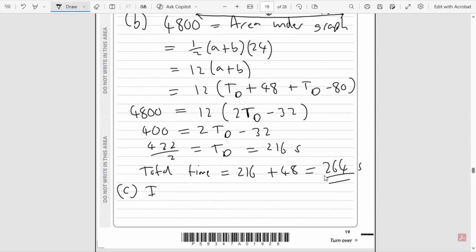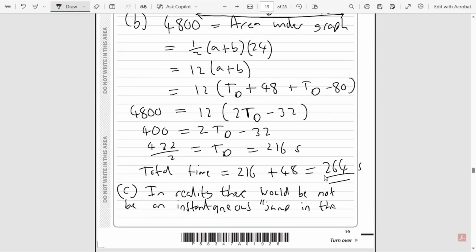So I'm going to say here, in reality, there would not be an instantaneous jump in the accelerations from 0.3 to 0 and 0 to negative 0.5.